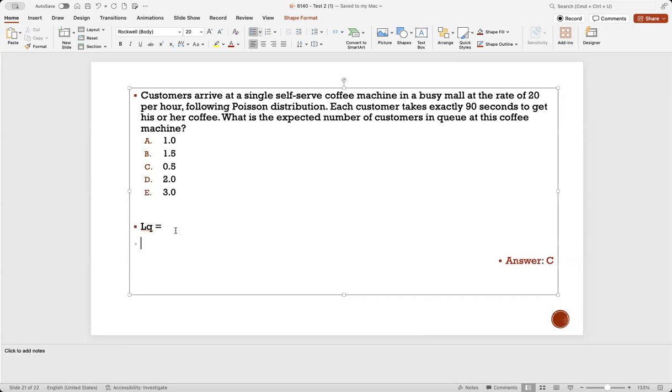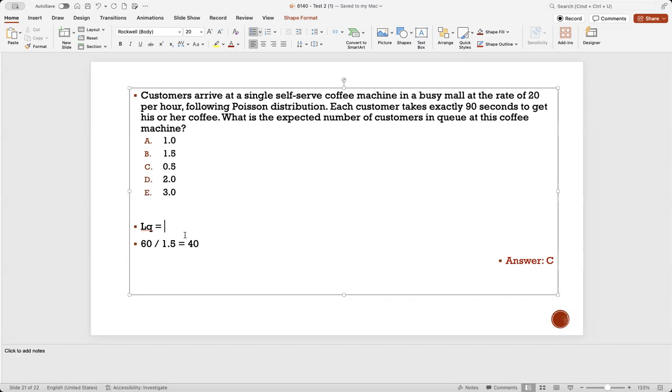So the service rate: we have 60 minutes in an hour, and we need 1.5 minutes for one coffee, and we will be able to know that mu equals 40. The service rate is 40 while the arrival rate is 20.